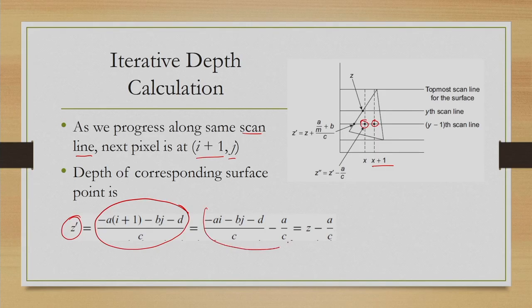After expanding and rearranging, we can get this form. Now, this part we already know to be the depth of the point I j. So, we can simply say z dash depth is z minus a by c, and here you can see this is a constant term. So, for successive points we can compute depth by simply subtracting a constant term from the previous depth. That is the iterative method.